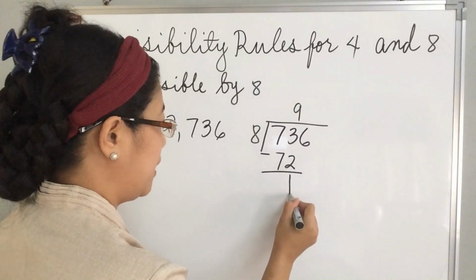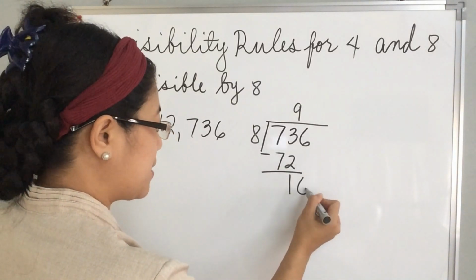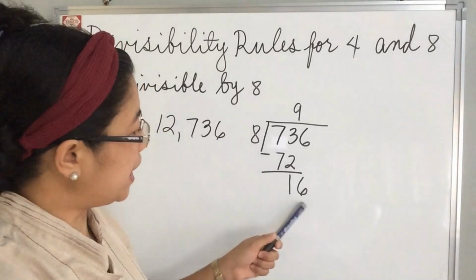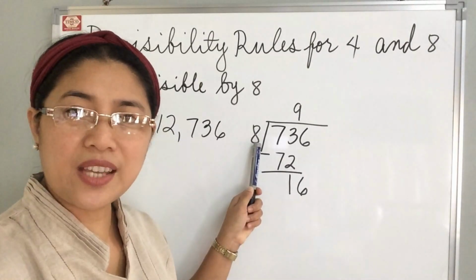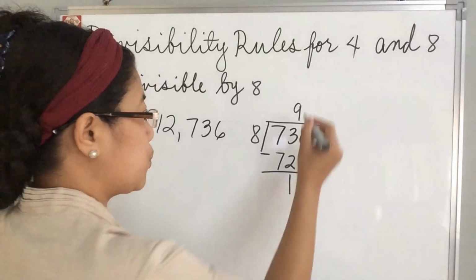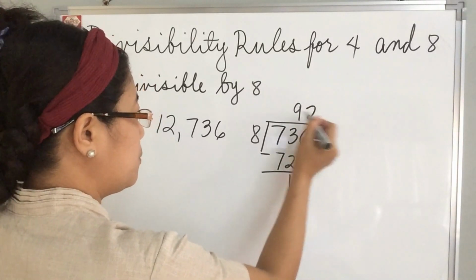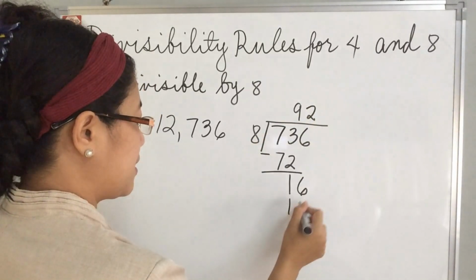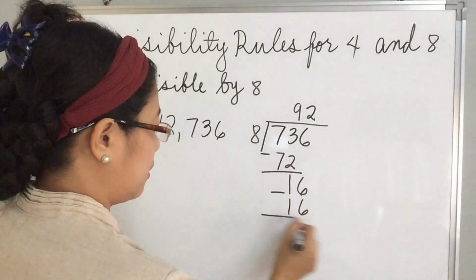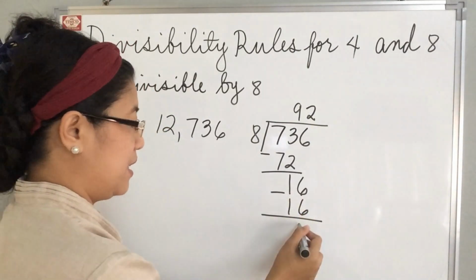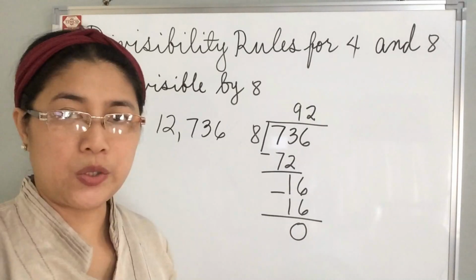1. Bring down 6. So 16 divided by 8, what's the answer? 2. So 2 times 8 is 16, then subtract. 16 minus 16 is equal to 0.